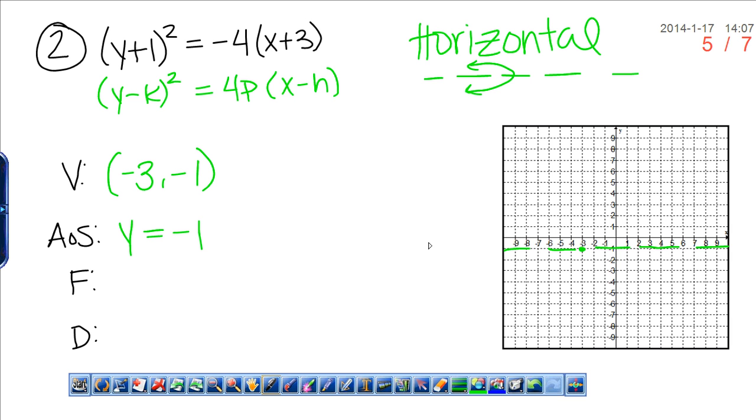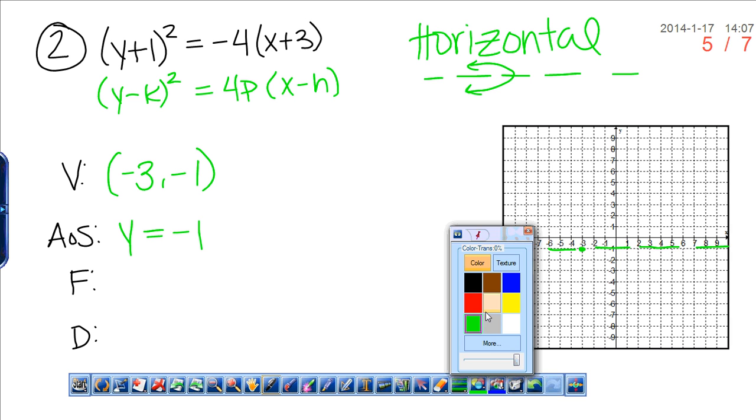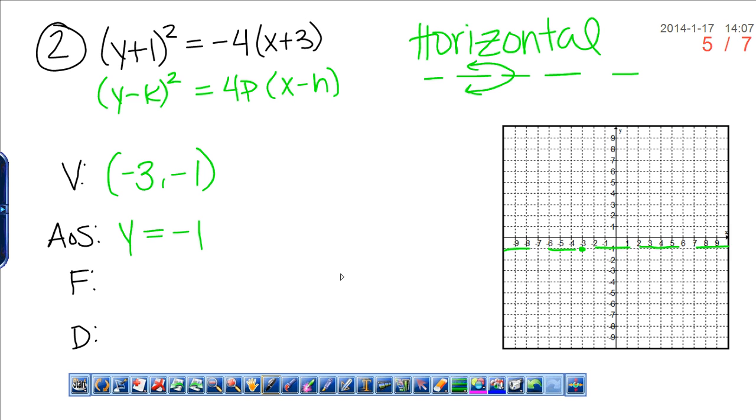Okay there? All right, let's plot our focus and our directrix. So I know negative 4 is equal to 4p, which tells me p is equal to negative 1. That negative acts as a direction to get to my focus. So instead of going 1 unit to the right, which would put my focus out here, I have to go inside my parabola.